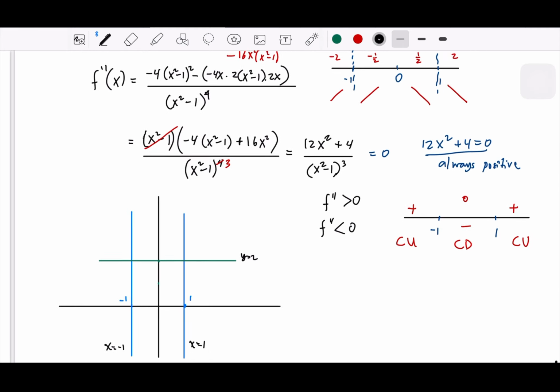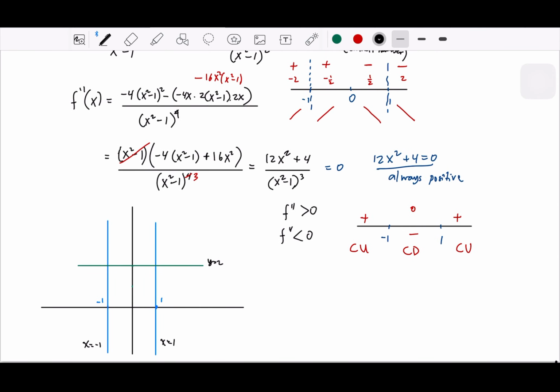Okay, now look, let me zoom out a little bit. From negative infinity through -1, we need to have an increasing function.